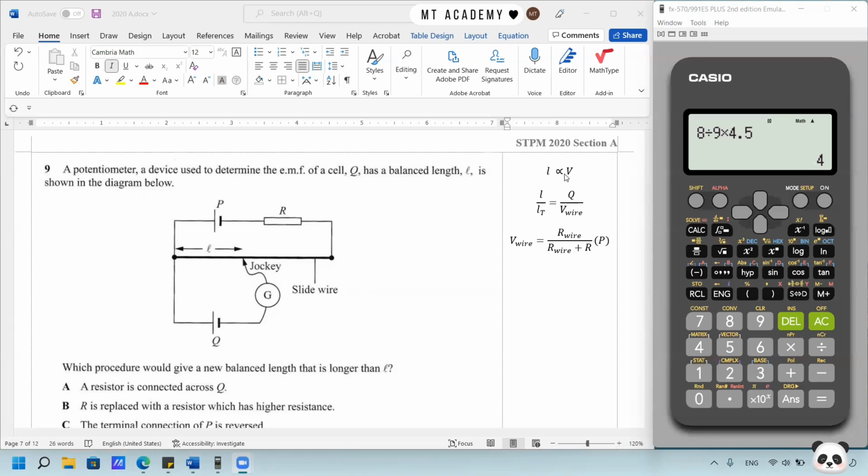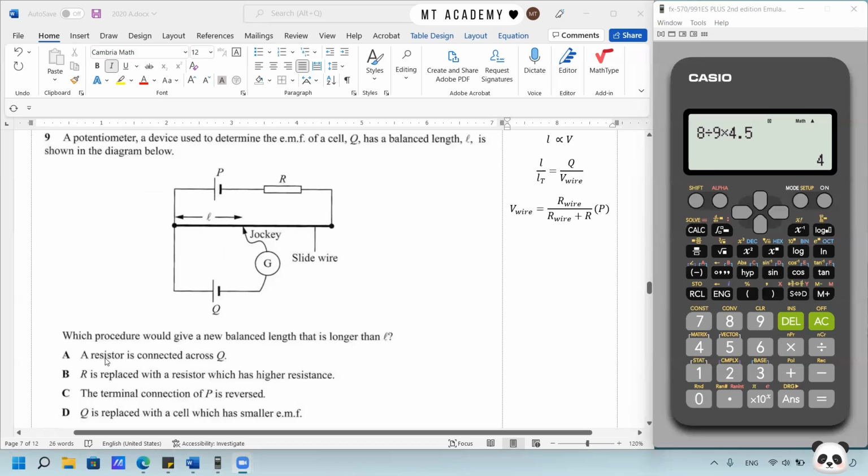So this gives us the ratio of the balance length to the total length of the wire, which is equal to the ratio of the potential difference across the balance length, which is Q in this case, to the voltage across the whole wire. And then we can also determine the voltage across the wire by using the potential divider formula.